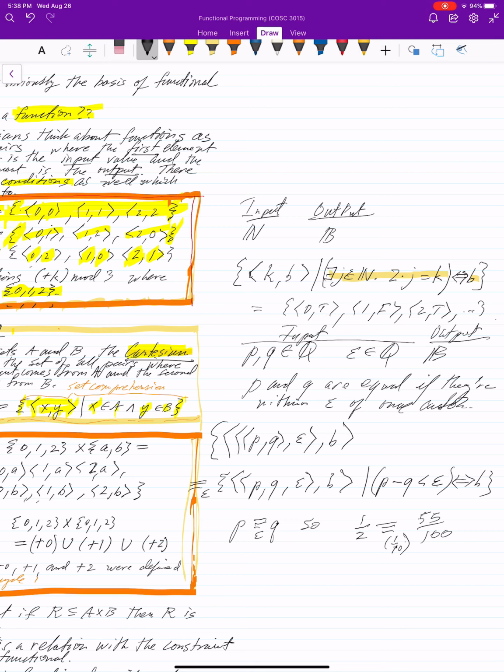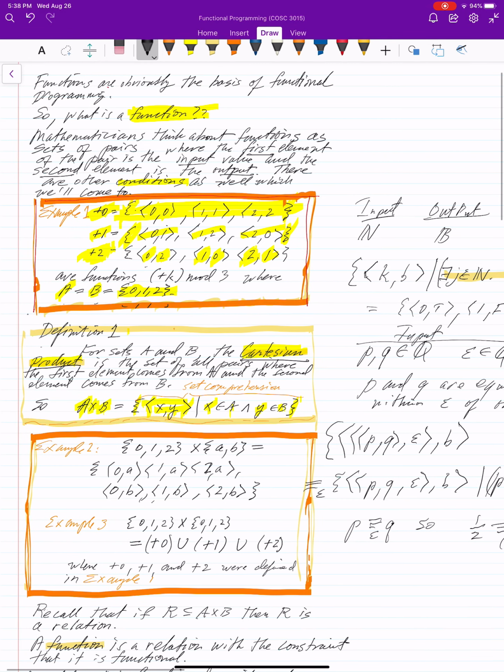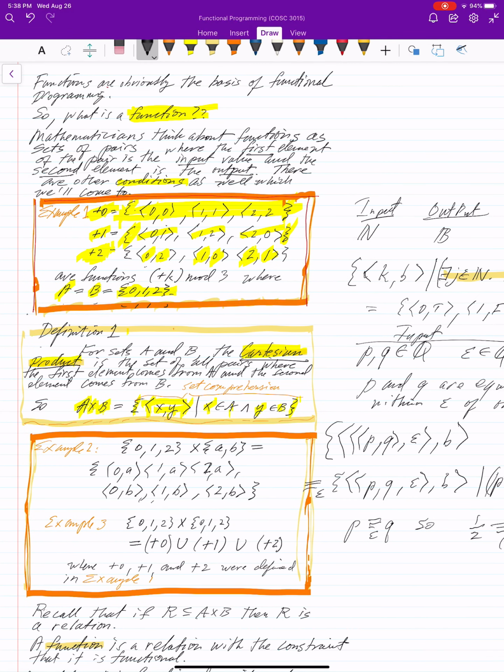And so you can figure that out, and you'll see that if you subtract 55/100 from, I guess I need to put maybe an absolute value sign there, 55/100 from 1/2, you get back something that's less than 1/10. I think it's 1/20. All right.